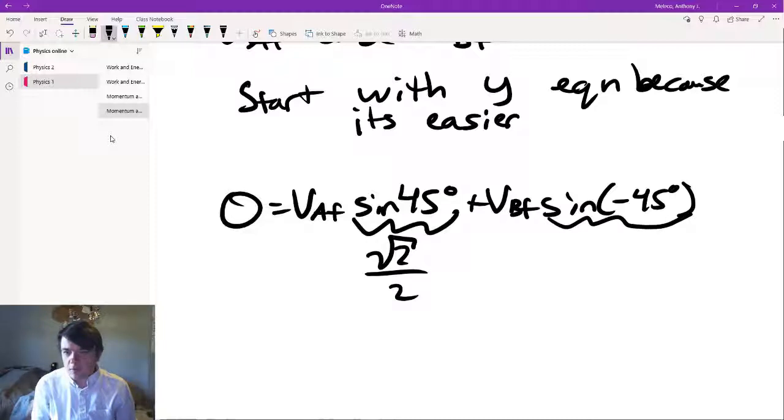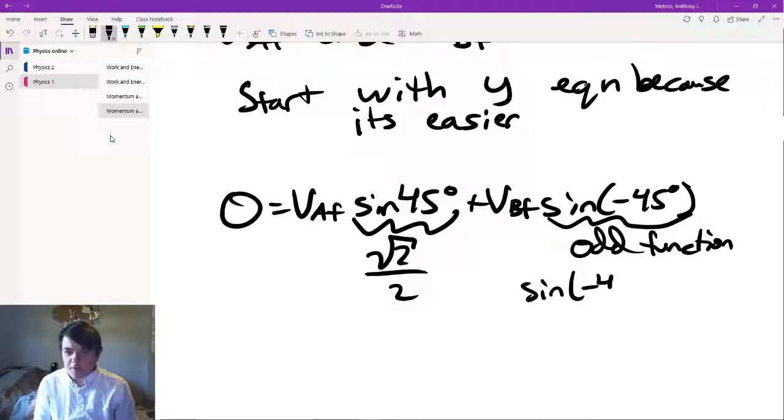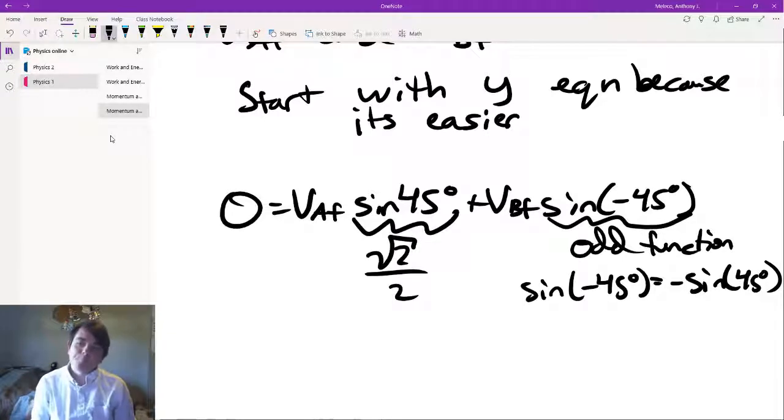And this guy, do you remember even and odd functions? So this is an odd function. An odd function is a function where if you have minus 45 degrees, this is equivalent to this, where you can pull the negative out of the angle.